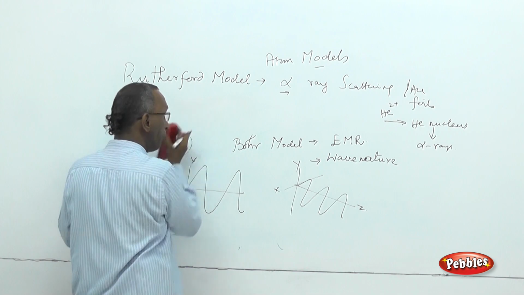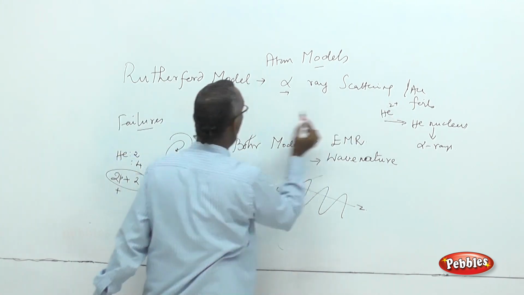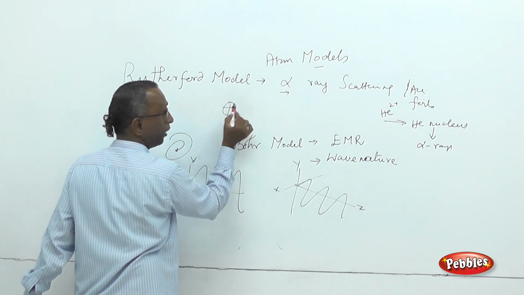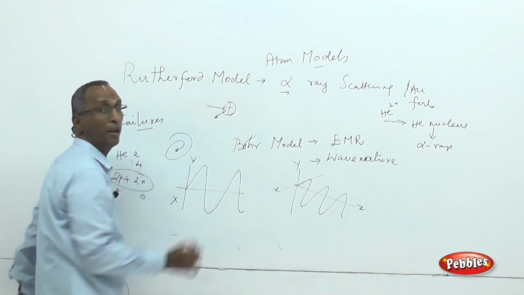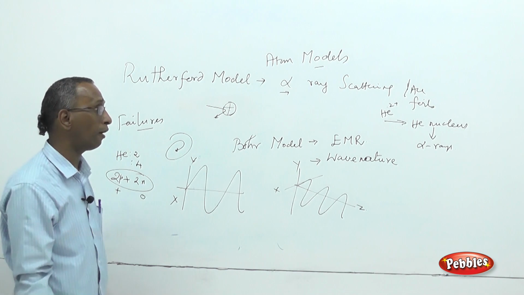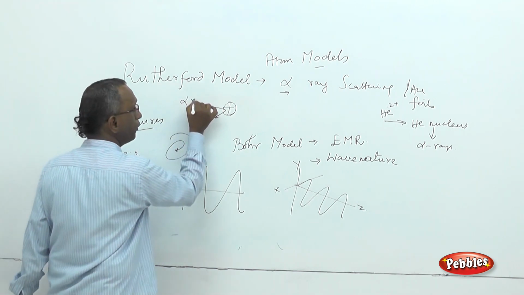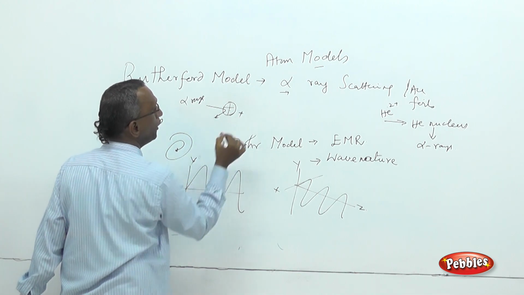By this method he studied that he was bombarding with positive charge. If the atom contains positive charge, the positive charge will be repelling. Alpha rays are positively charged material. If the alpha rays are deflected, that region is positive.